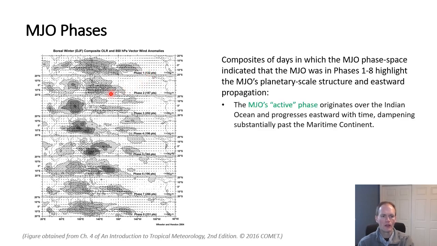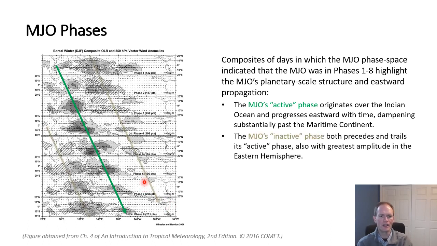So here we have the MJO's active phase associated with this dark shading indicating suppressed outgoing long-wave radiation, originating in the western Indian Ocean and then propagating eastward through the maritime continent into the Pacific Ocean as we go from phase 1 through to phase 8, with less of a signal in the western hemisphere, although you can kind of see an enhanced area propagate through here in that image.